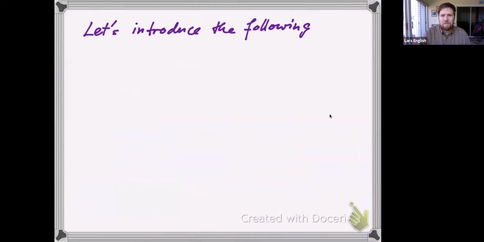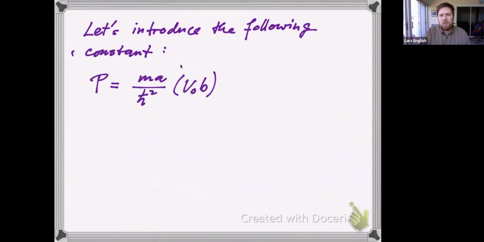All right. So then we're going to introduce basically the following constant capital P, okay, and it's basically proportional to the barrier strength. There's a prefactor out front too, but that's basically it.